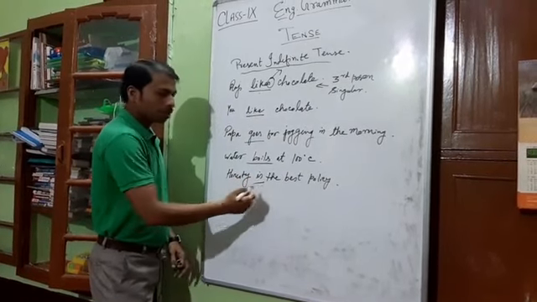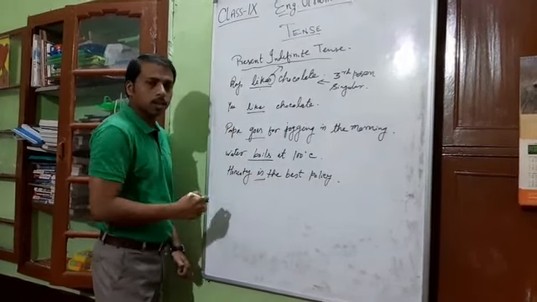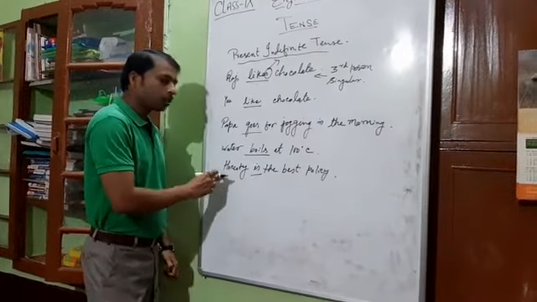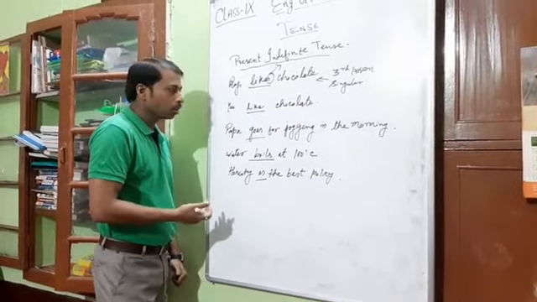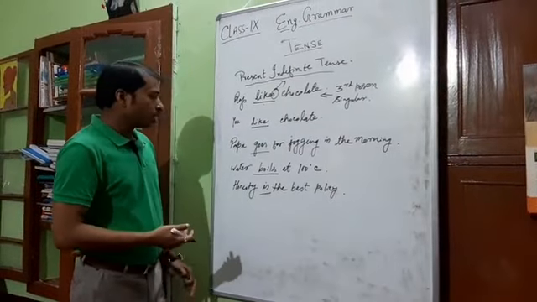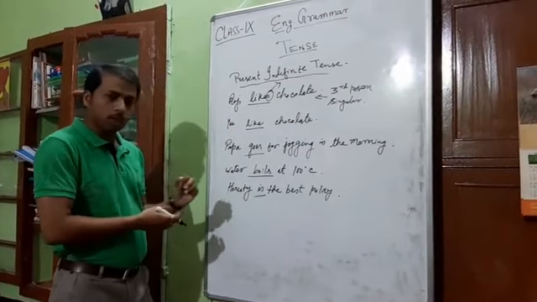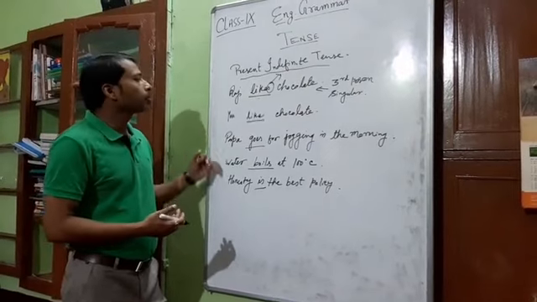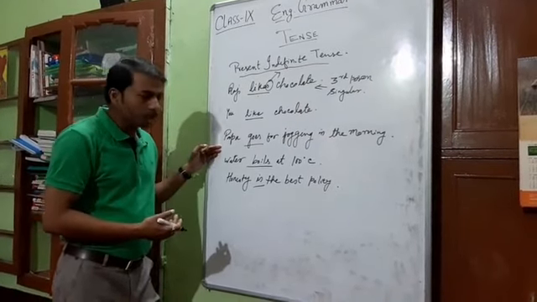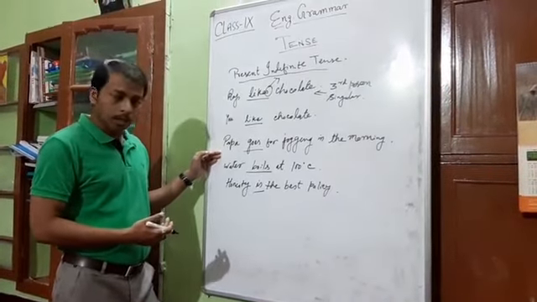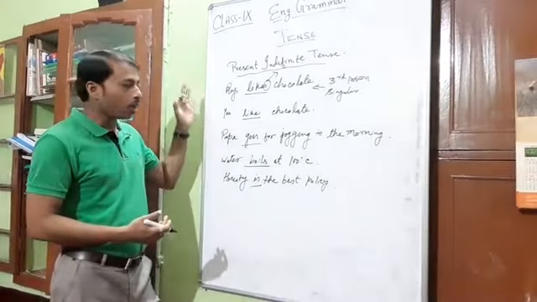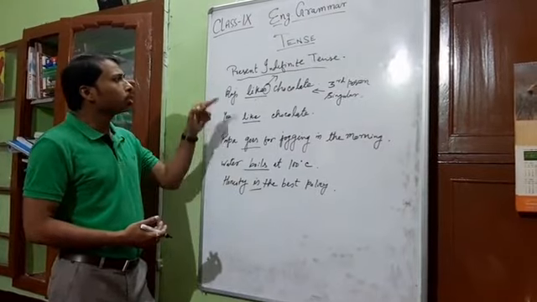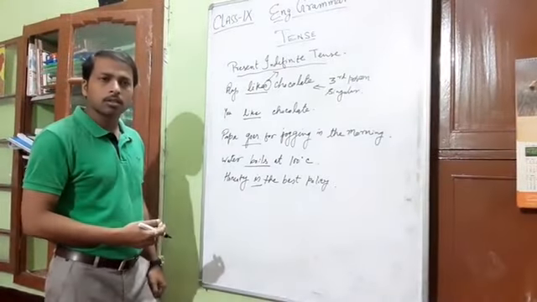Here, this is again in the simple present tense or present indefinite tense. Here, this is a general fact, a general truth. So, if it is a scientific fact or general fact or universal fact or habitual action or regular habit or indefinite time of action, for all these cases we use present indefinite tense.